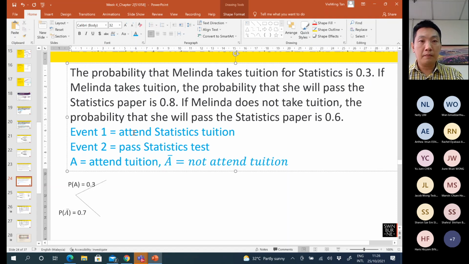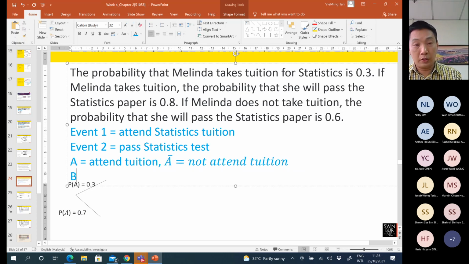So I can put B. You can choose a symbol; you can use C, D, E, F. It's up to you. I'll choose B. So B, I can say pass the test. If B is pass, that means B bar is not pass.